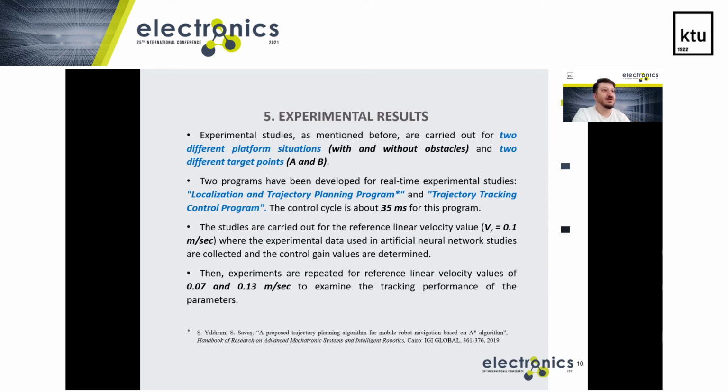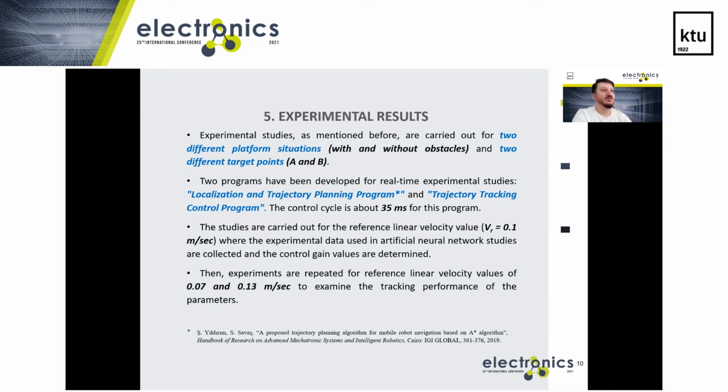And we carried out these experimental studies for a reference linear velocity of 0.1 meters per second. While doing the control process of a mobile robot, you have to define one stable reference linear velocity. And we obtained the data for neural network training for the reference linear velocity 0.1.